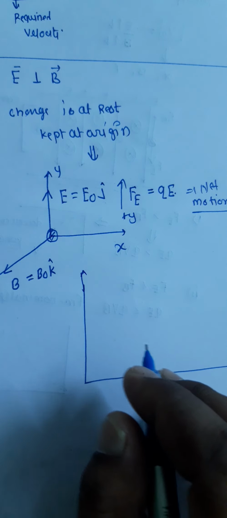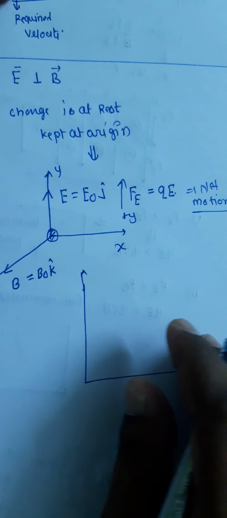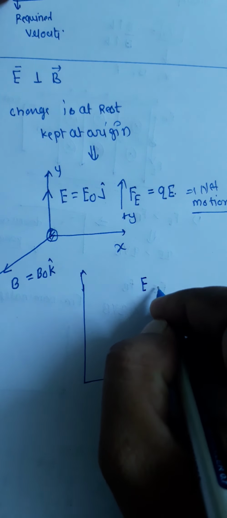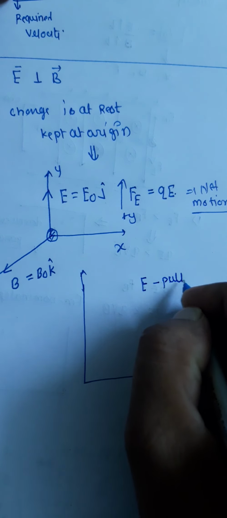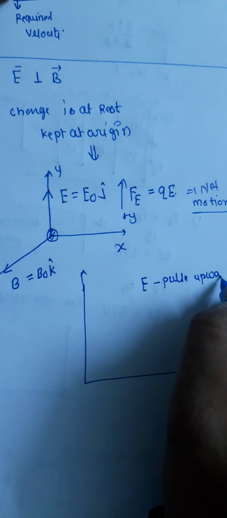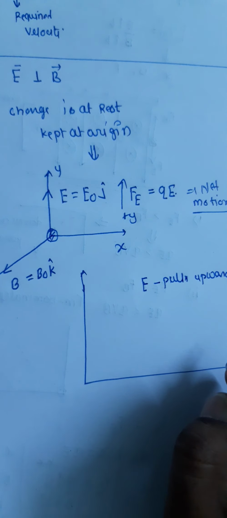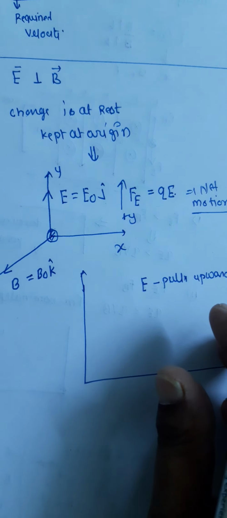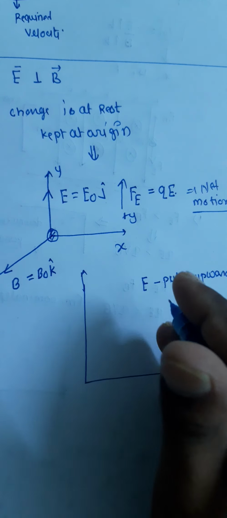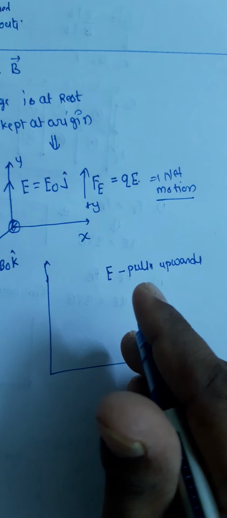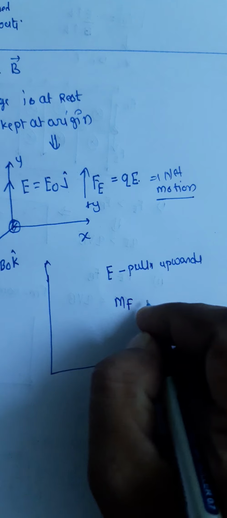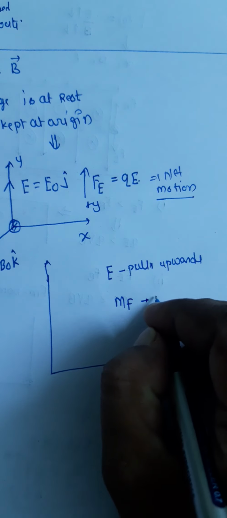E pulls the particle upward. E, meaning the electric field, pulls this particle upwards. But the magnetic field will also act because the particle is in motion now, and when you apply the right hand palm rule, you'll get the answer. What the magnetic field is basically doing is pulling the particle in the forward direction.